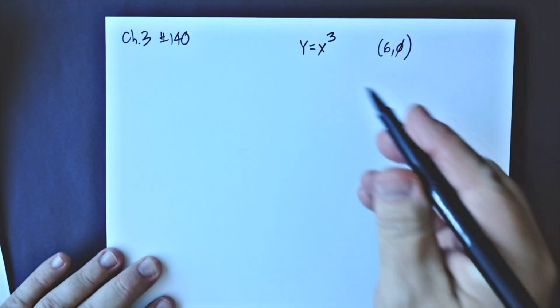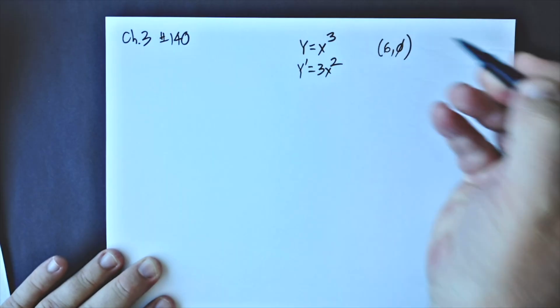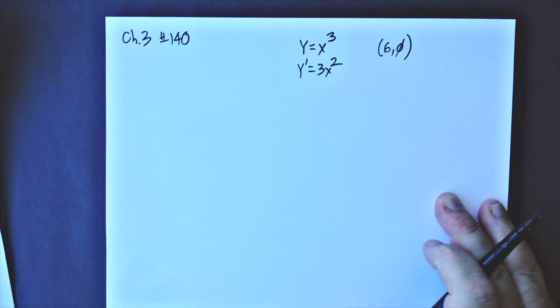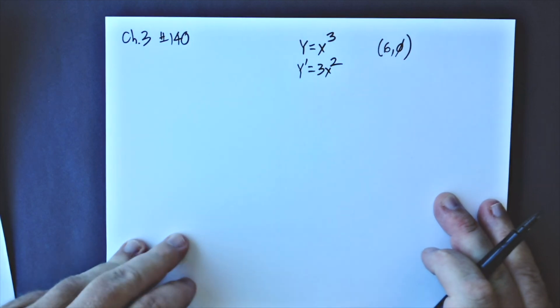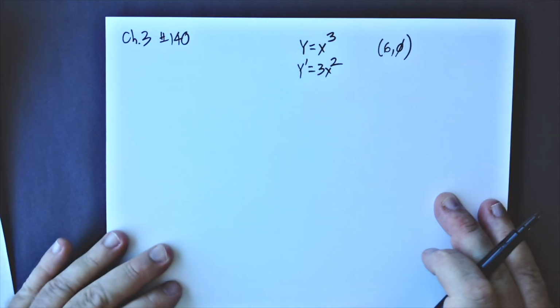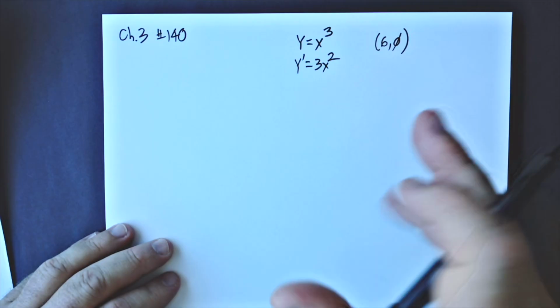Obviously, we know we need to find the slope, so I'll say y prime equals 3x squared. We know we need that. For this, we're trying to find the x value, so we're going to pick a letter to represent whatever that x value might be, and use that letter to pretend that we've found it. And we're going to plug it into a formula.